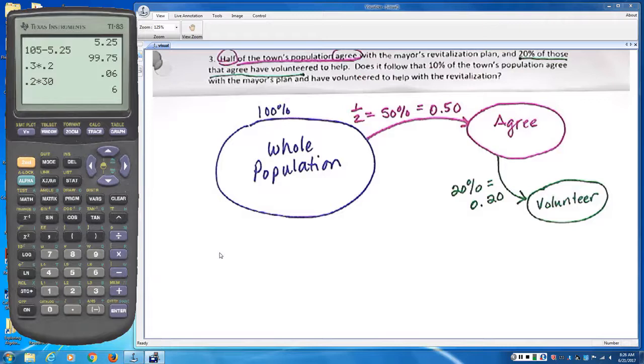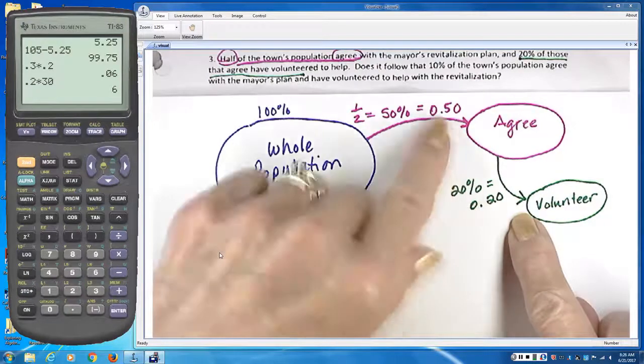Well, the straight out answer is, how many is 20% of this 50%?